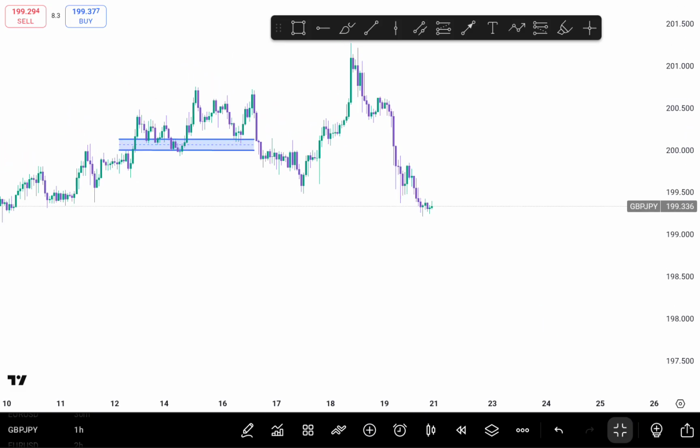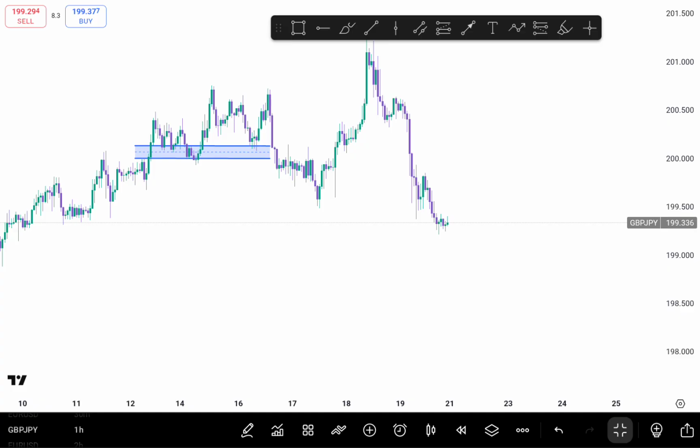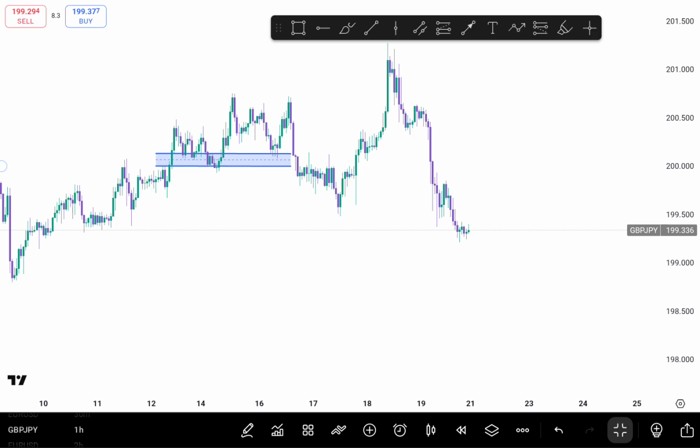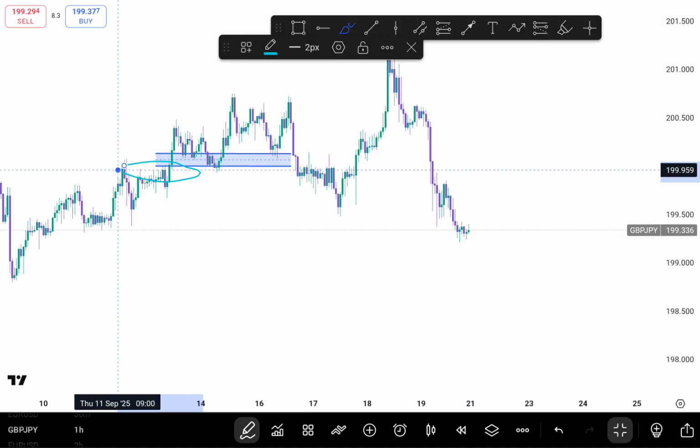For those that didn't refine their zone, would have made some profit from this setup. So the price broke out with some pips, reacting from this breaker block. So moving on, we also had this.